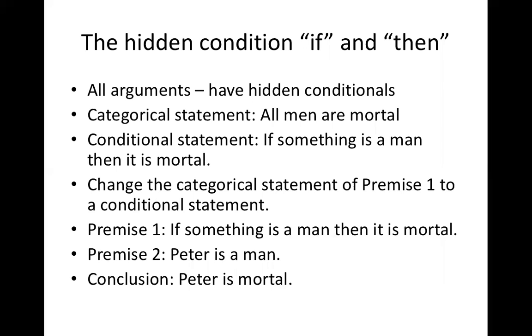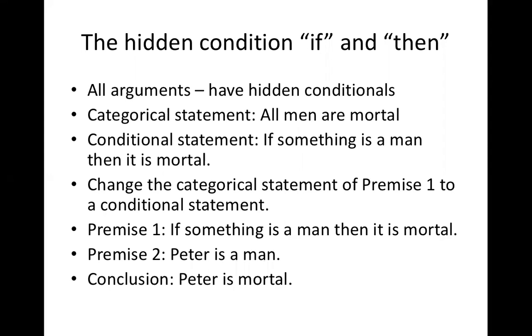So how do you reformulate the argument to become an if-then statement? All men are mortal. If something is a man, then it is mortal. So that's the conditional version. Change the categorical statement of premise 1 to a conditional statement.